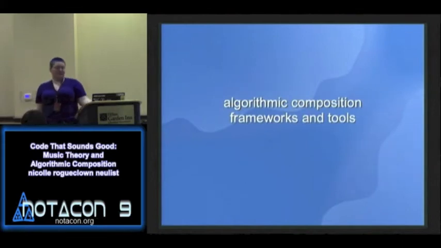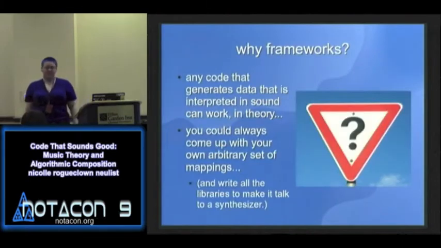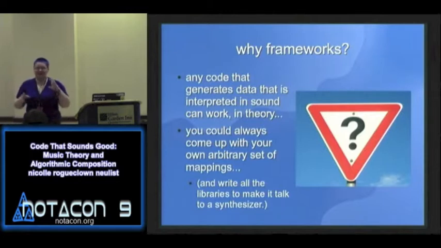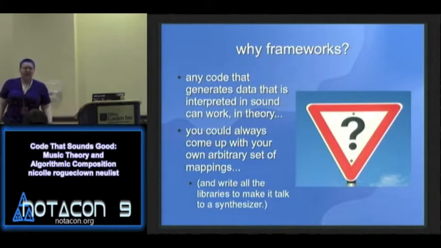Algorithmic composition frameworks and tools. Why is this important? You can start from scratch. Any code that generates data that you then code to be interpreted as sound and come out of a computer can work in theory. Hey, this little bit of binary data represents a G, and this little bit of binary data represents an F sharp in this other octave.